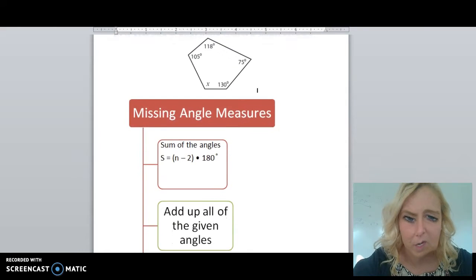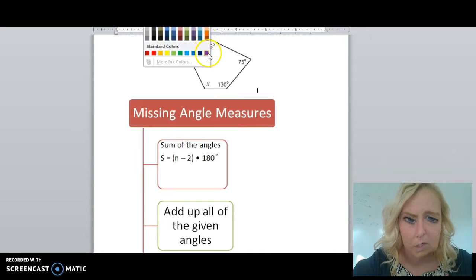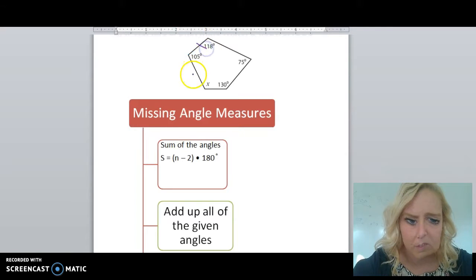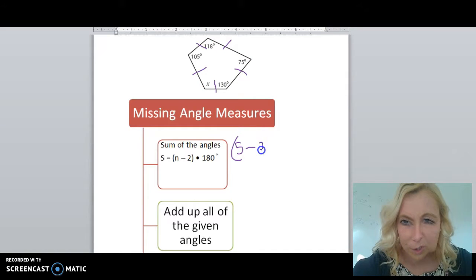All right, let's visit your graphic organizer. And I have the steps kind of laid out here. So let's first find the sum of the angle measures and count the number of sides. Again, you can use the slash marks to help you keep track. 1, 2, 3, 4, 5. So I'm going to do 5 minus 2 times 180.